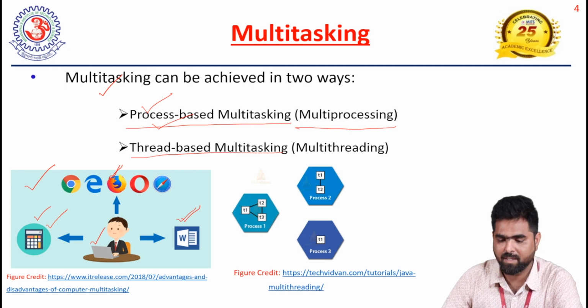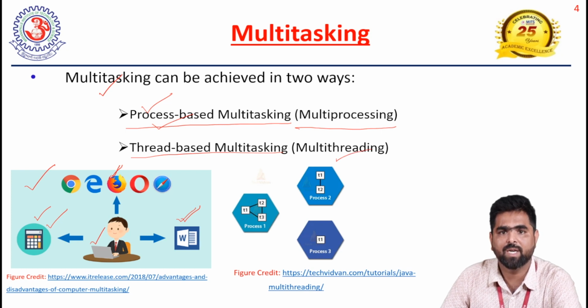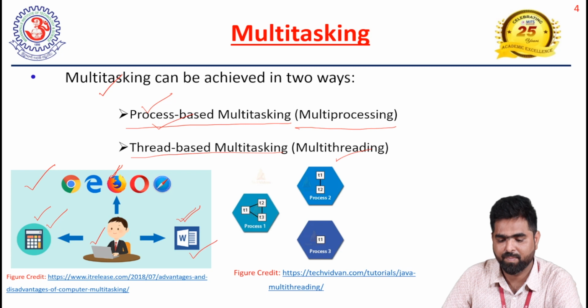Now we will see the second mechanism for achieving multitasking, that is multi-threading. In multi-threading we have a single process, and in that single process we have different threads. Let me give one example. Here I am using a Word document, in which I am going to write content.